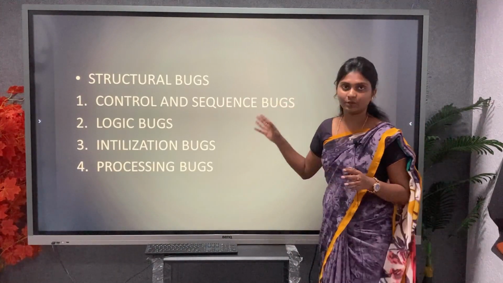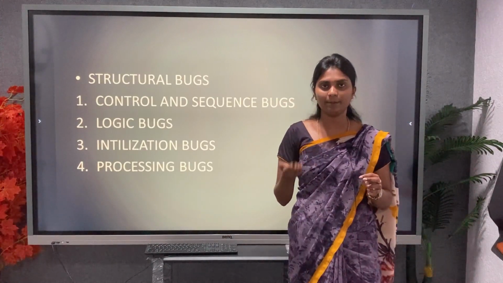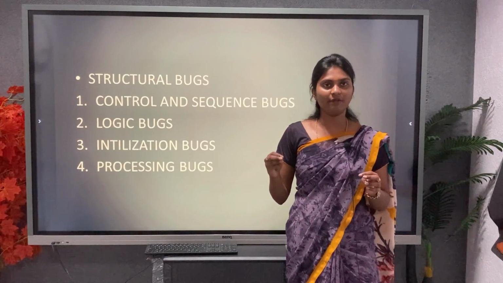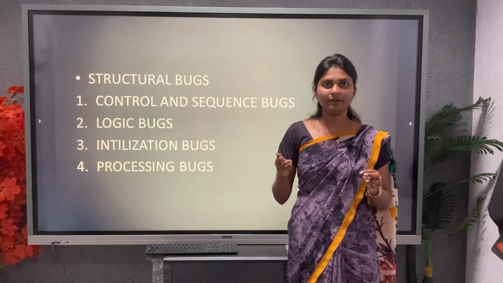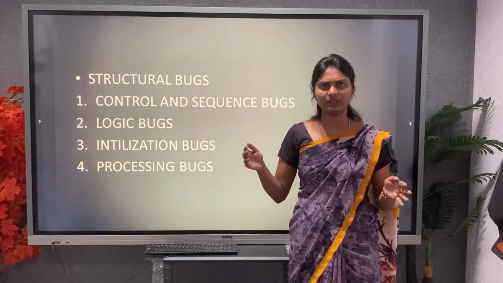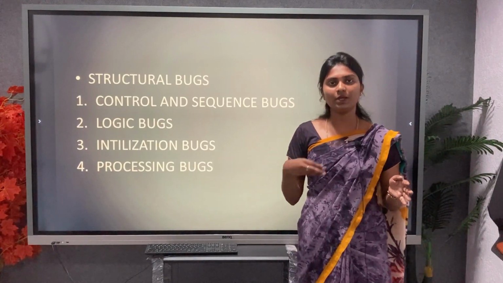In control and sequential bugs there are logic differences, incomplete or missing logic, or missing data. When developing the code, if we do not start with the main and continue with the headers or data, the internal structure will not be defined.